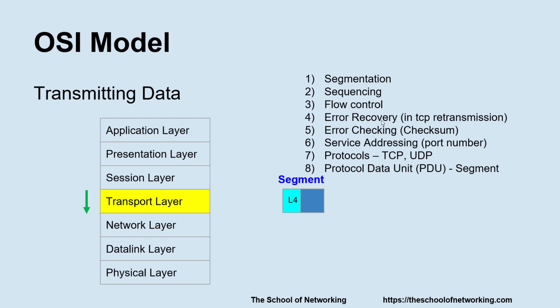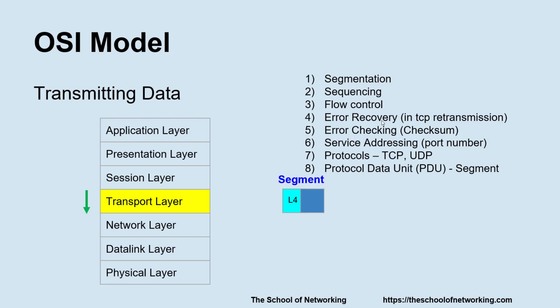Besides this, error checking is present in both TCP and UDP, and we do multiplexing based on port numbers. We call it service addressing, based on port numbers, in the case of both TCP and UDP.